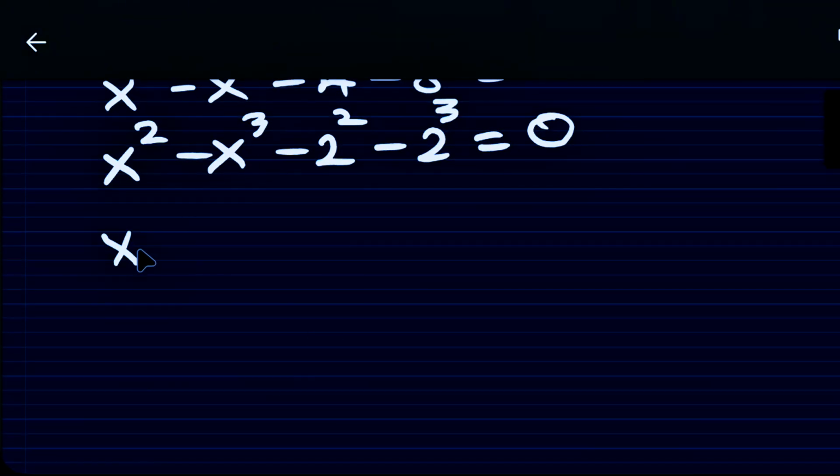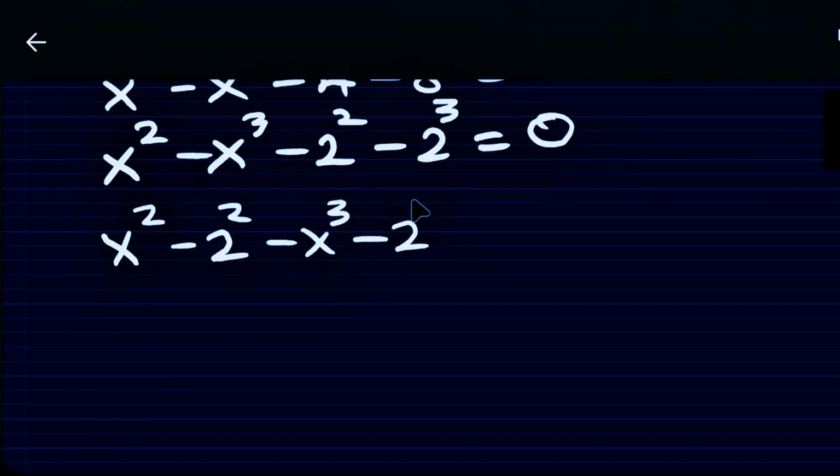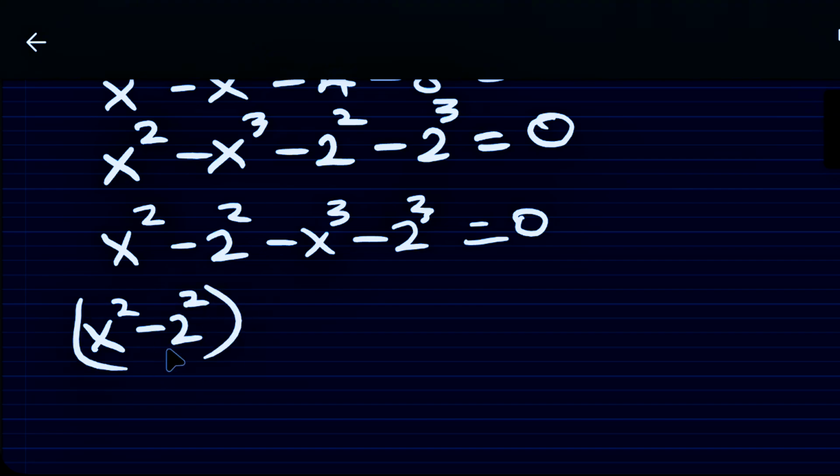So we are going to have x squared minus 2 squared, then minus x cubed, then minus 2 cubed, and all this equals 0. We are going to put this in parentheses. This one will be x squared minus 2 squared in parentheses.